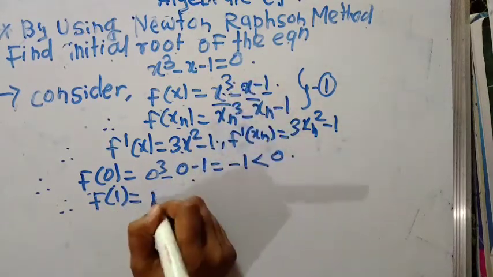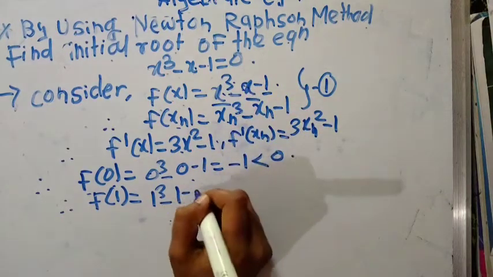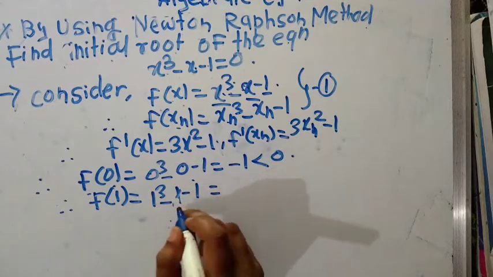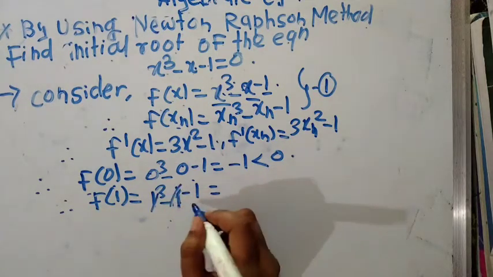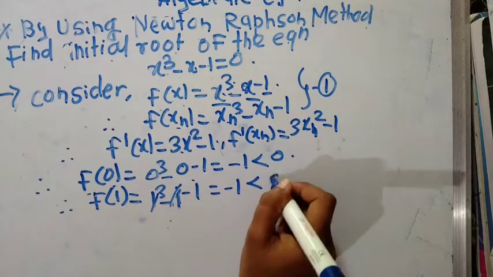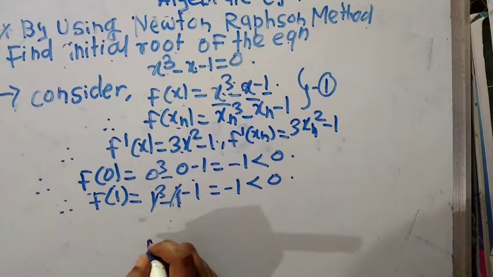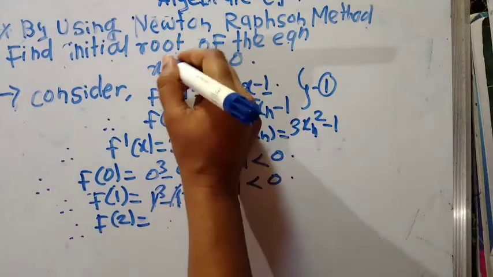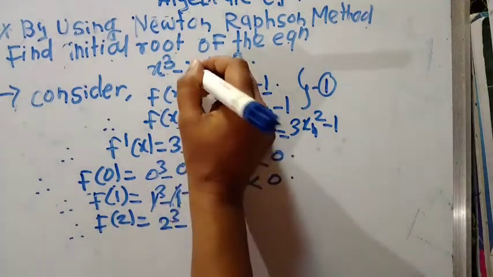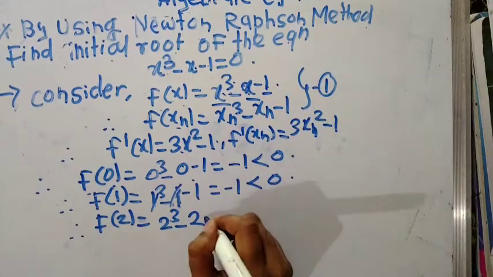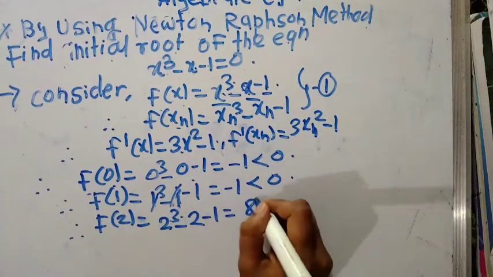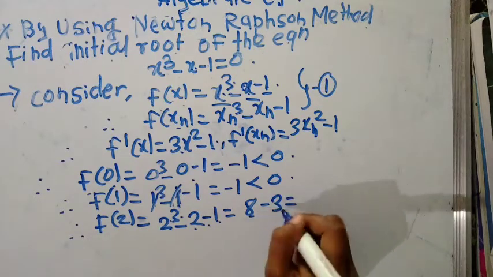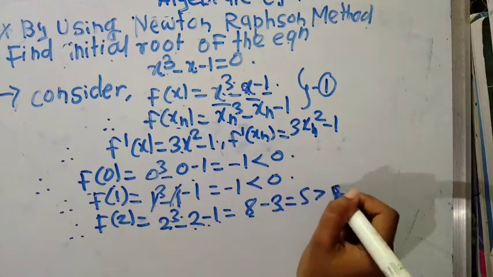So 1 cube minus 1 minus 1, which is equal to minus 1, which is also less than 0. Then find out f of 2. So 2 cube minus 2 minus 1. So 2 cube is 8, minus 2 minus 1 is minus 3, and 8 minus 3 is 5, and 5 is greater than 0.